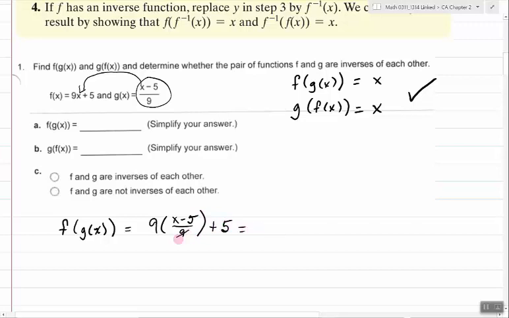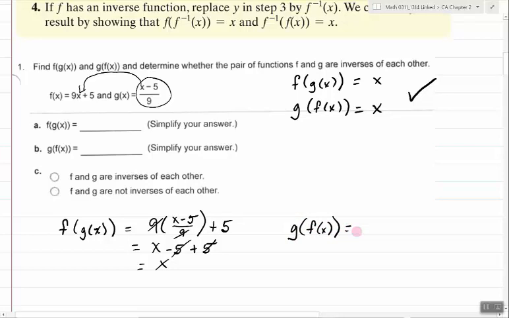All right, these 9's divide out. That means that I have x minus 5 plus 5 gone, which is equal to x. That's the first statement I'm supposed to prove. Let's look at the composition the other way. G of f of x.